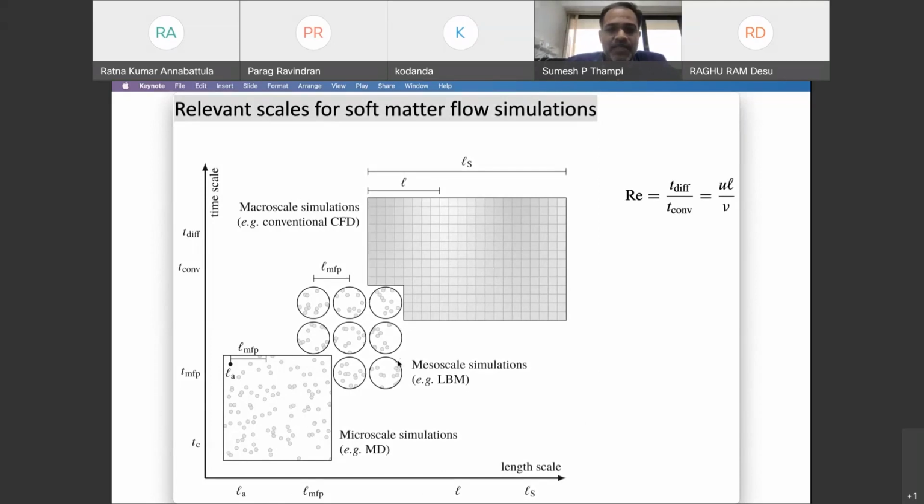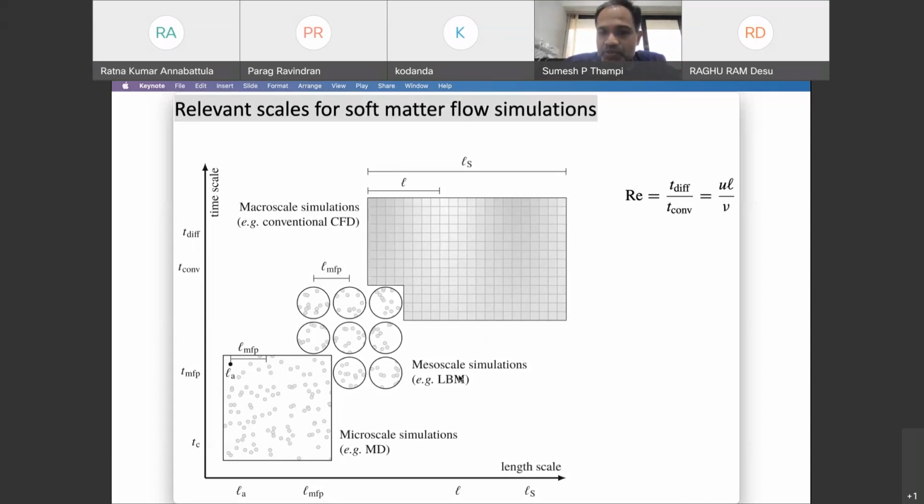But soft matter, as I said, has a length scale which is in between, much larger than the molecular length and smaller than the conventional material scale that we use, and that's the mesoscale, at which quite a lot of things happen, and we want to essentially concentrate on that intermediate regime.